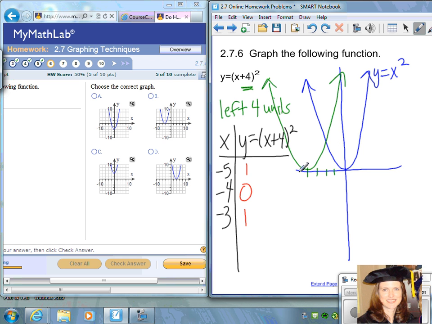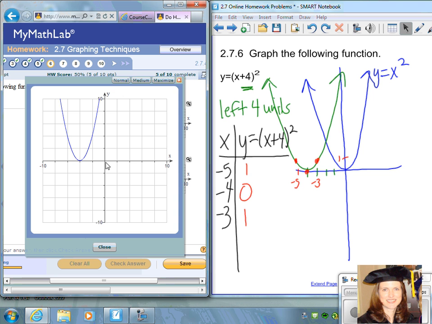So these points, -5, +1, -4, 0, and -3, +1, are points on this new transformed parabola. If we compare that, it looks most like choice B, the parabola that's been shifted to the left 4 units.